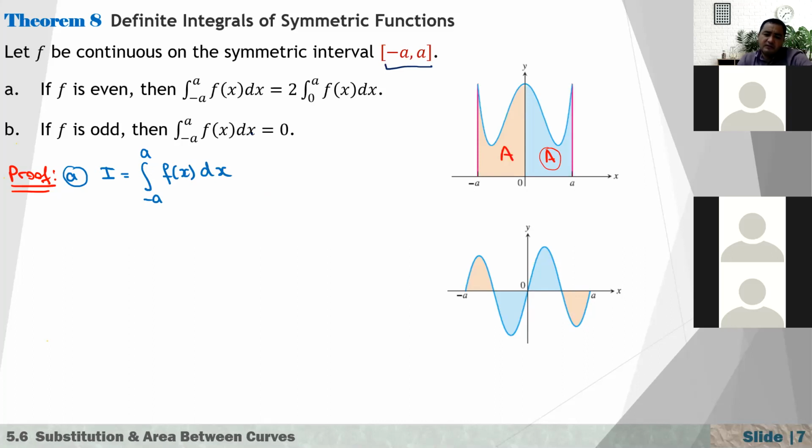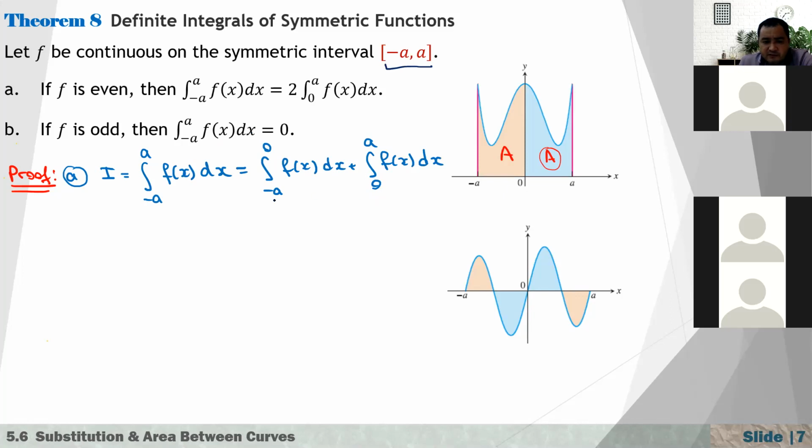What is the definition of an even function? That is f of minus x is equal to f of x. So now I can write it as the integral from minus a to 0 of f of x dx plus the integral from 0 to a of f of x dx.